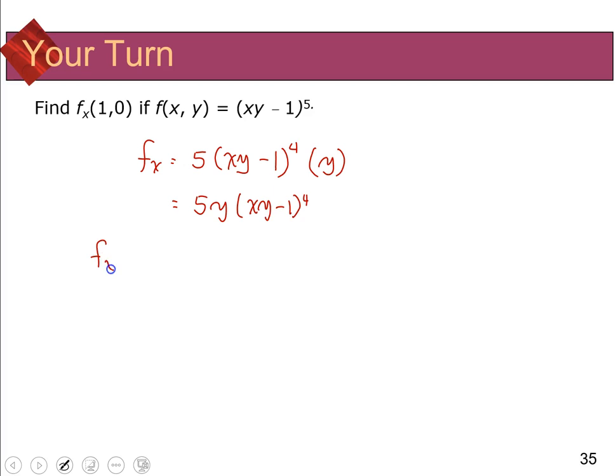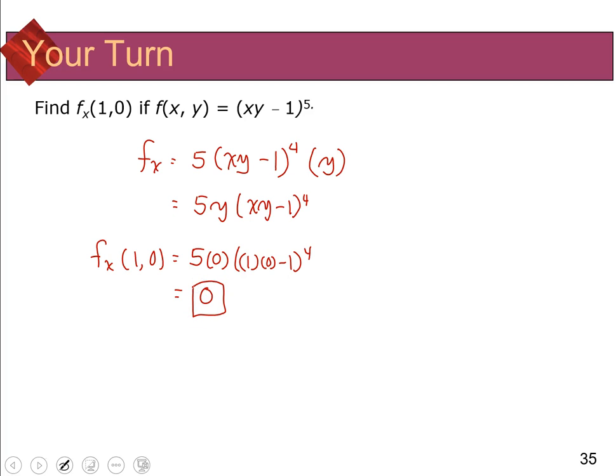So now when I do f_x at (1, 0), I'm going to have 5 times 0 times (1 times 0 minus 1) to the 4th. Well, the fact that I have a 5 times 0 out here means it doesn't matter what the rest of it becomes. This is just going to end up being 0.